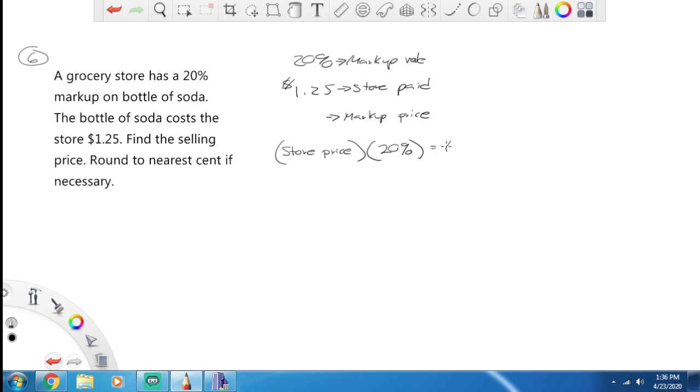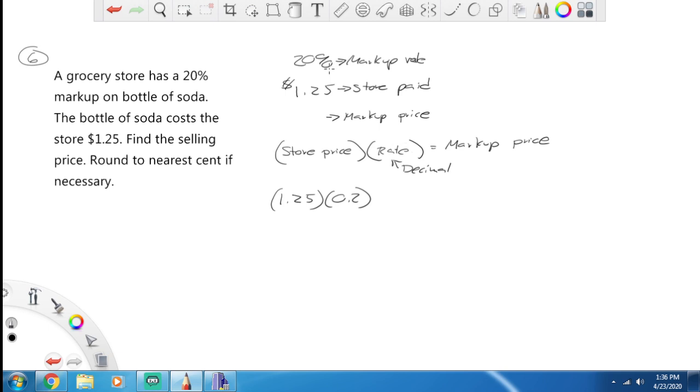And that's going to equal your markup price. Just keep in mind this has to be a decimal when you work with it, because it always is a decimal when you work with it. I guess I should have written the markup rate there. This will be your rate, but it's as a decimal, and that gives you your markup price. So I guess that's the closest formula I'm coming up with right now for you, but you're going to take your store price, which is 125, and you're going to multiply it by 0.2, which is 20% as a decimal.